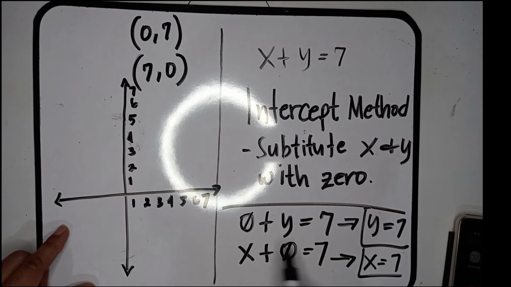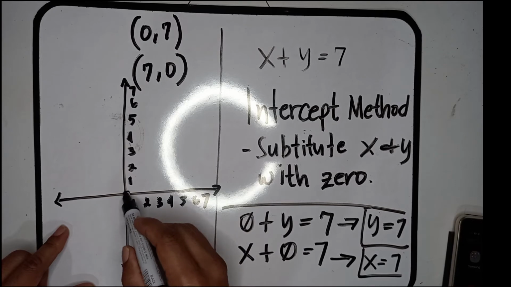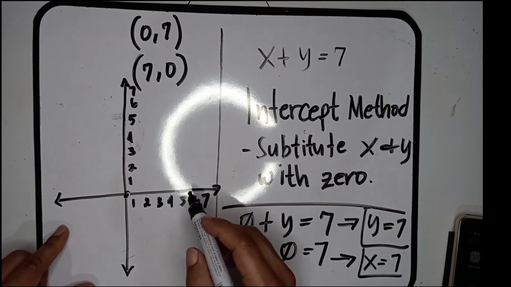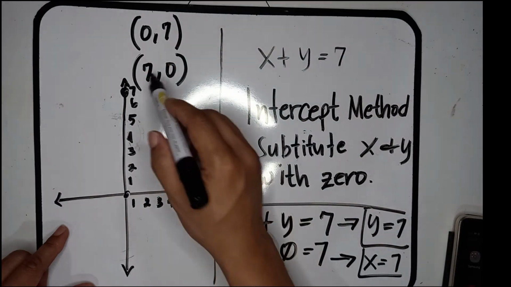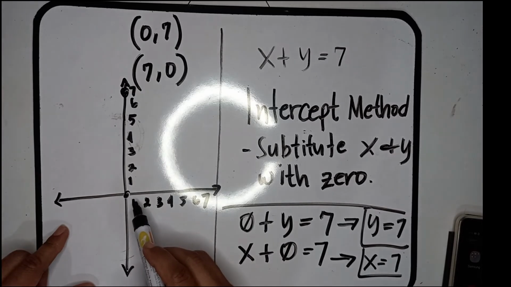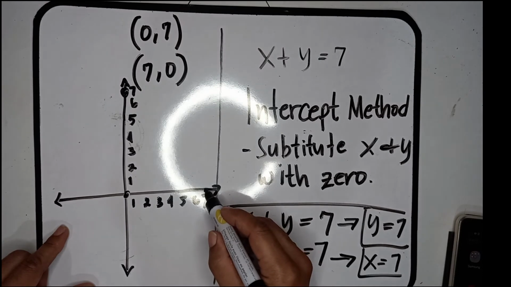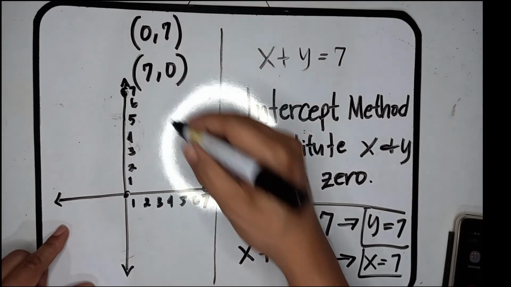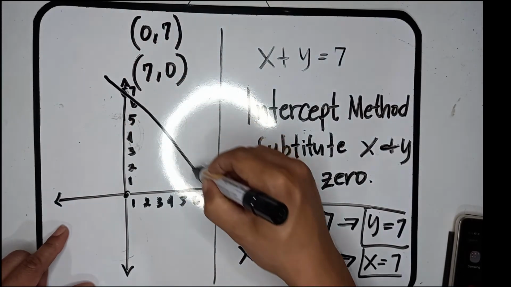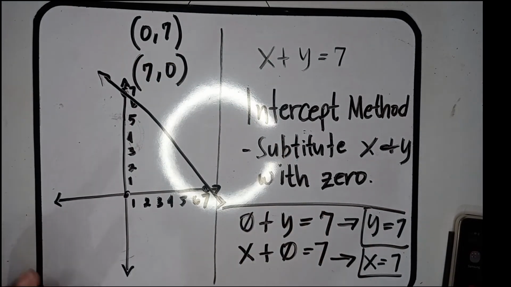So x is 0, so 0 is around here, and then y is 7, so this is our first point. The second point is x is 7 and y is 0, so the point is around here. So we can now connect this point and this point with a line. Remember that for us to draw a line, we only need 2 points. That is the definition of a line.